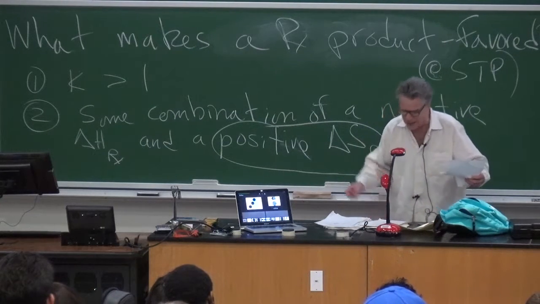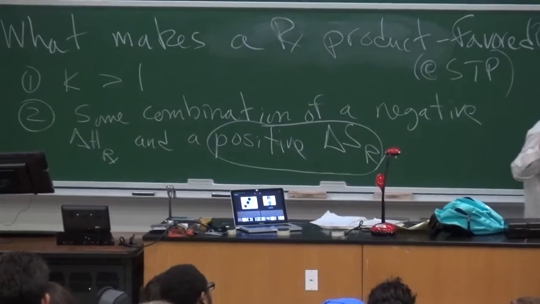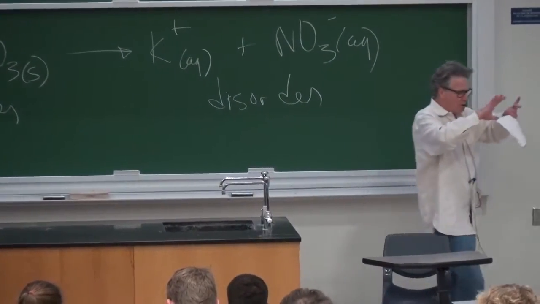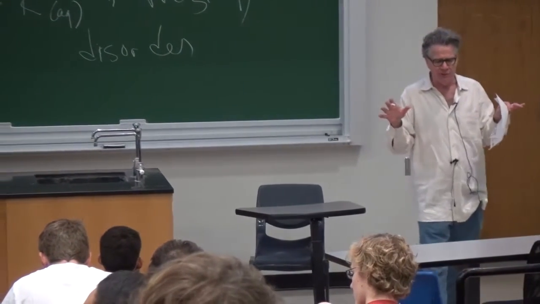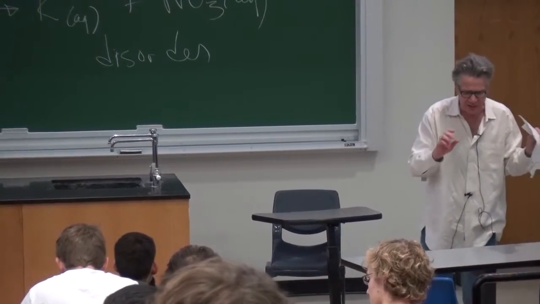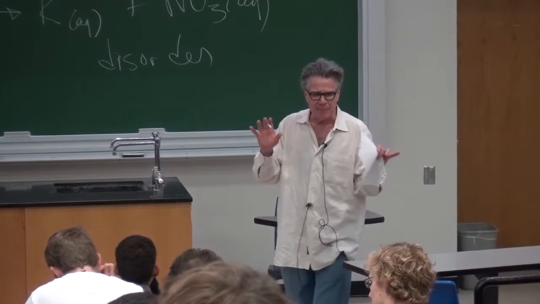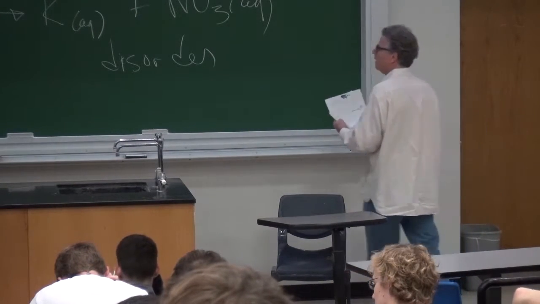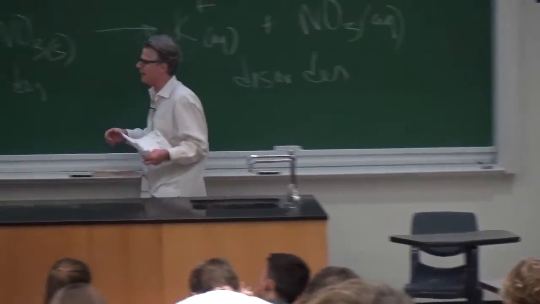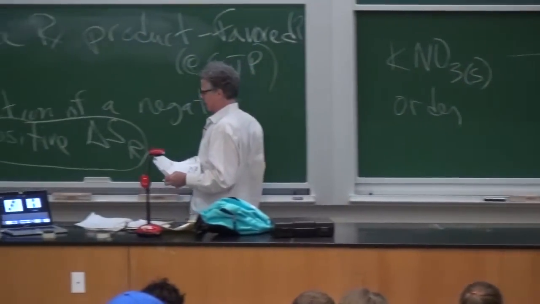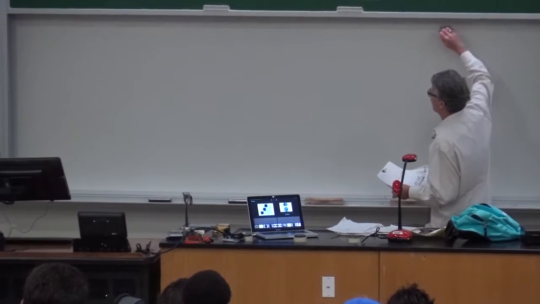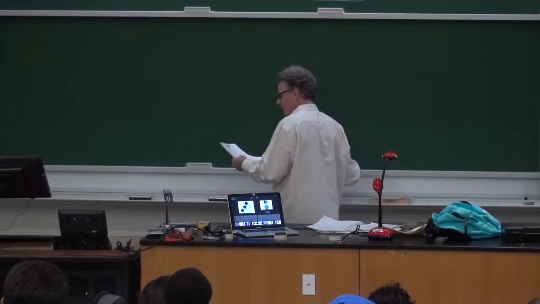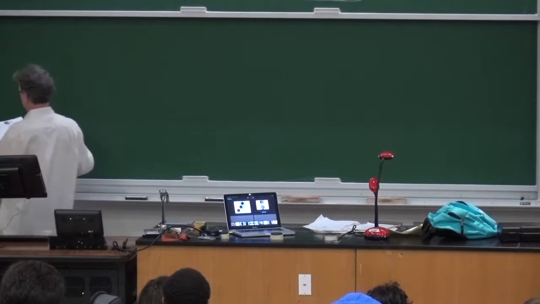So basically what I have given you now is a qualitative feel for what delta S is and how that might help make a reaction product favored. Let's take an example of that and calculate that idea. So here's my favorite reaction.